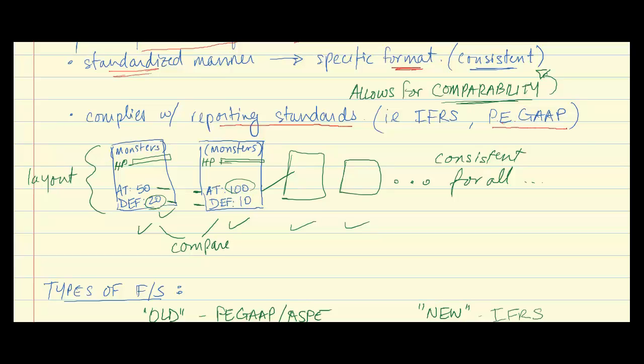Now GAAP, if you've never heard of it before, stands for generally accepted accounting principles. This is essentially a rule book, if you will, of how to play this game. GAAP is what we traditionally relied on for reporting purposes.